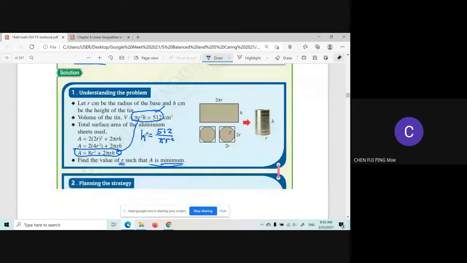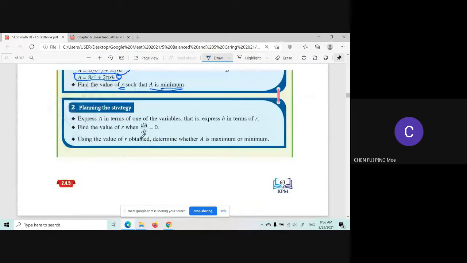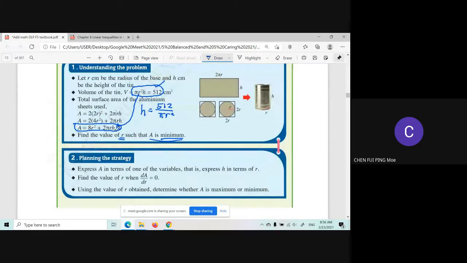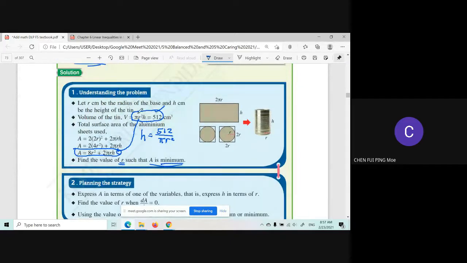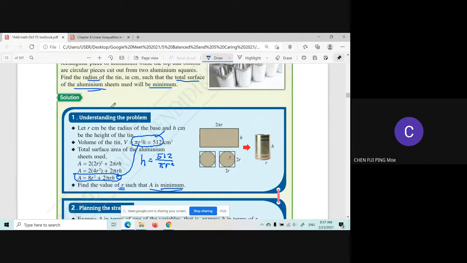If you have more than 2 unknowns like this question, then you need to substitute one of the unknowns in. Like this one, they say find the radius for the surface area minimum. So you need the r, you need the a, so you don't need h. Then you need to find h equals what, and substitute in to make the h disappear. If the question didn't mention what they want, then you just substitute one of the unknowns.